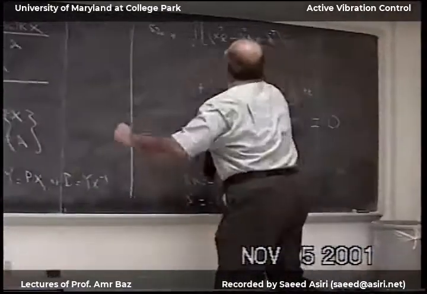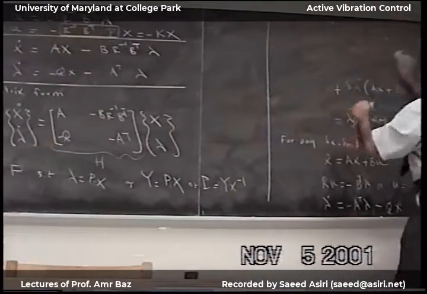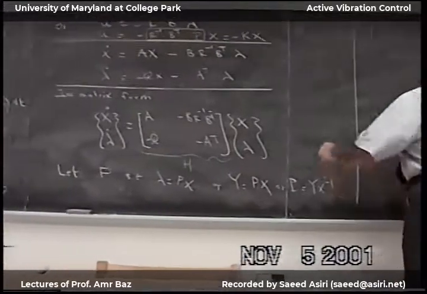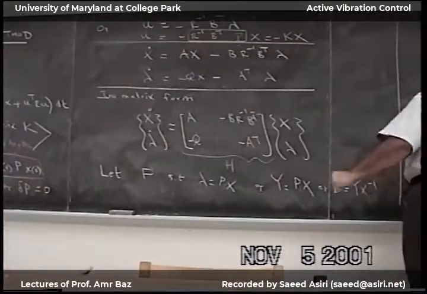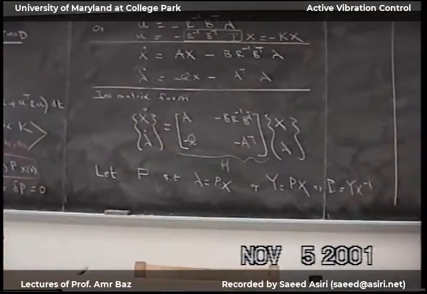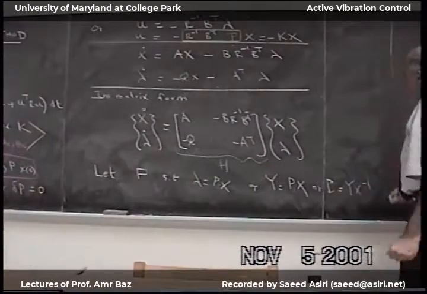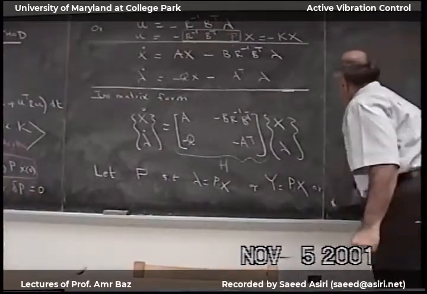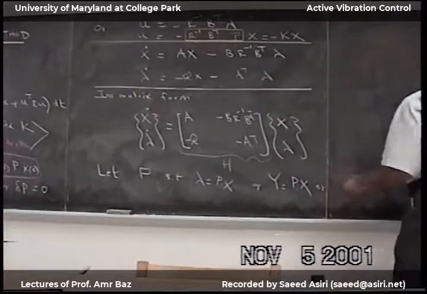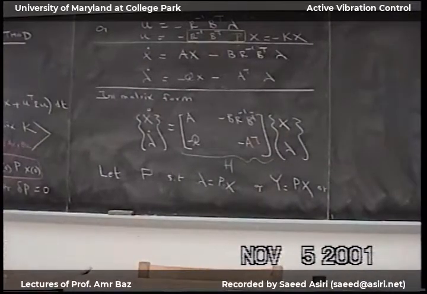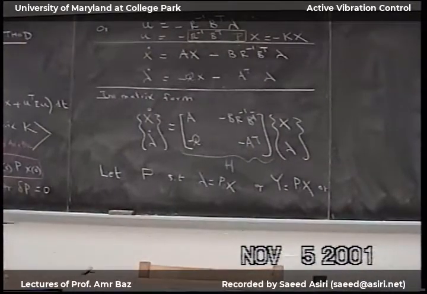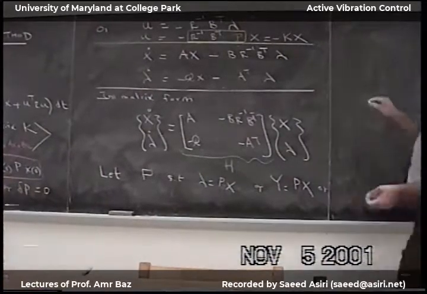I can do the same for the LQG, and I'll put it in the appendix, okay? And then now for the H infinity.